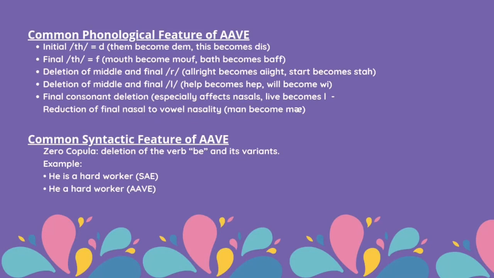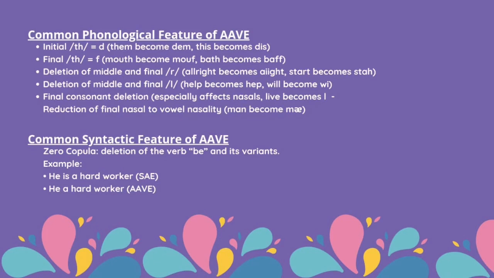Deletion of middle and final L. Help becomes hep. Will becomes we. Final consonant deletion especially affects nasals. Leaf becomes lee. Reduction of final nasal to vowel nasality. Man becomes may.